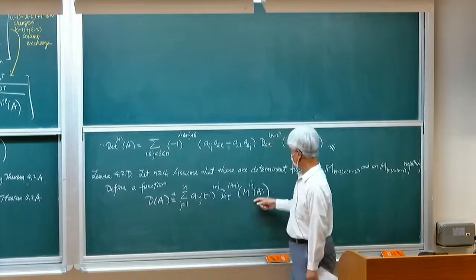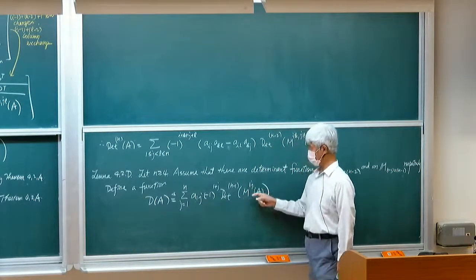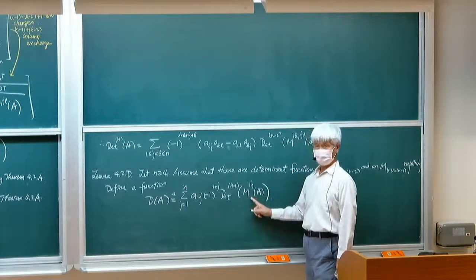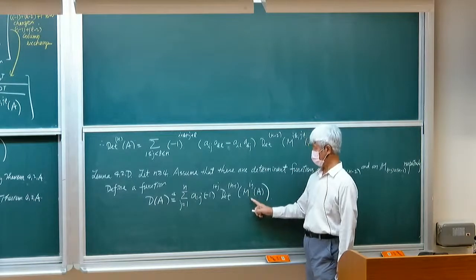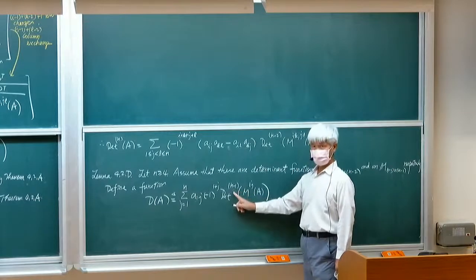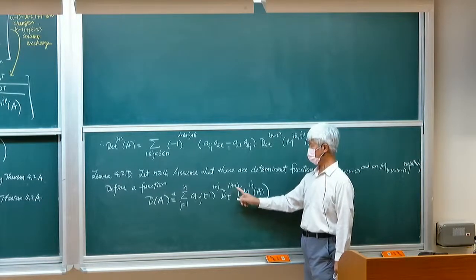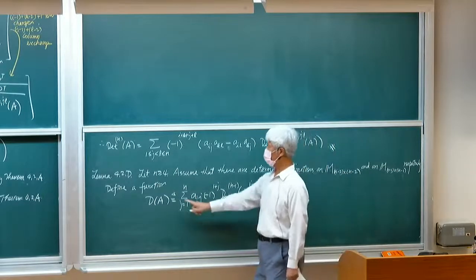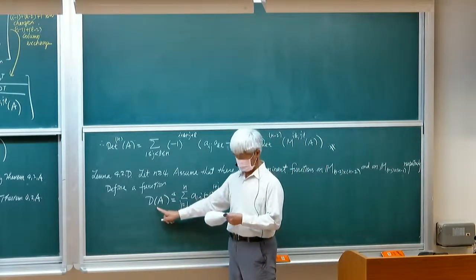The 1j minor of A is an (m-1) times (m-1) matrix, so we use the determinant function for (m-1) times (m-1) matrices to build a function.